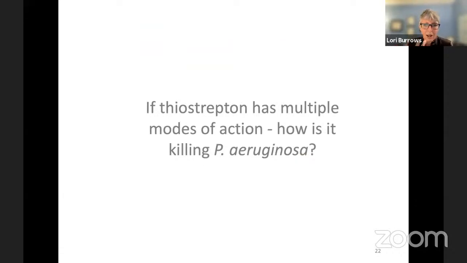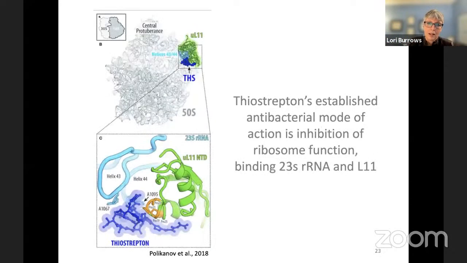anti-cancer activity, anti-malarial activity. So maybe we shouldn't assume that what it's doing to Pseudomonas is what its known mode of action for gram-positive bacteria was, which was as a ribosome inhibitor. The typical antibacterial activity of this molecule is to bind to the bacterial ribosome.